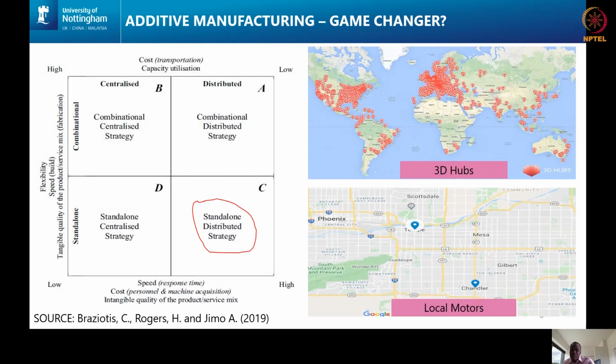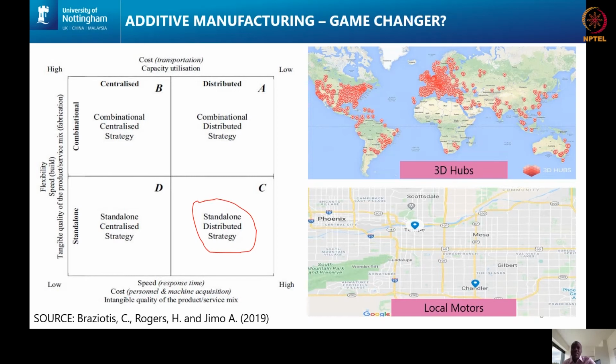But the thing with additive manufacturing as well is that there's a lot of hype behind the technology. So to get away from the hype, we decided to investigate the practicalities of additive manufacturing for industrial applications. Because the literature presented a sort of grand utopia about manufacturing something in a box.